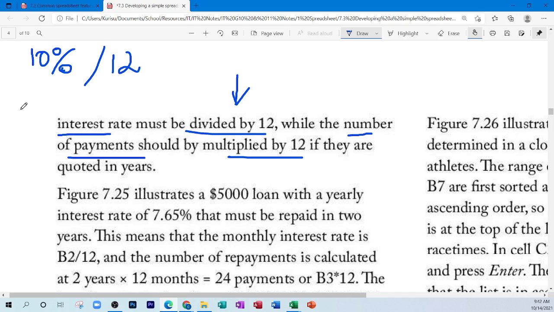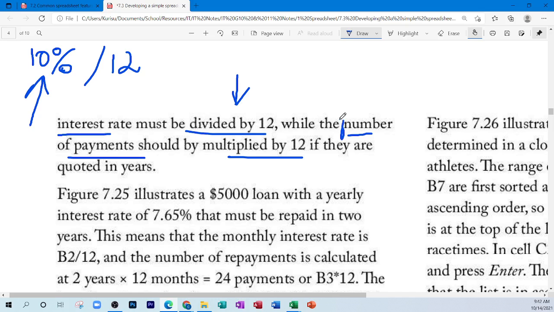Remember this interest rate is for the entire year. So we have to divide it by 12 so that we can get how much interest we have to pay on the months individually. So that's going to get us our monthly interest rates.